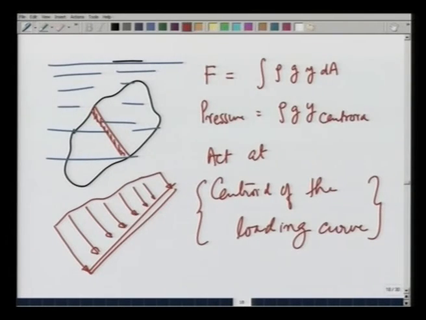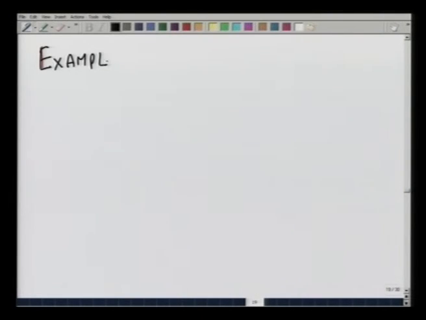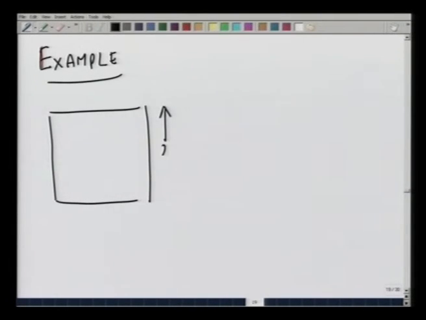Let us now do an example of this. As an example, let me take a water tank which is 2 meters in height, and let there be a door at the bottom which is 0.5 meters by 0.5 meters, a square door.